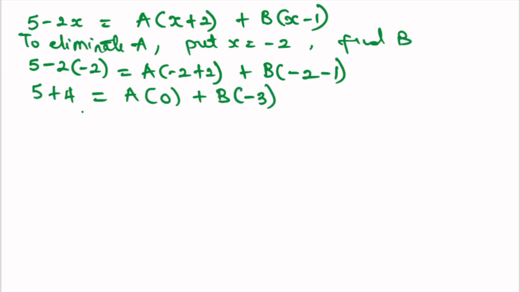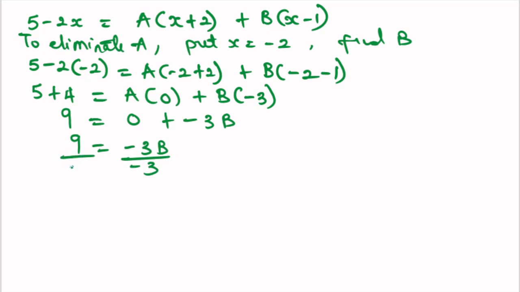Now 5 plus 4 is 9 equal to 0 plus minus 3B. Our 9 is equal to plus times minus is minus 3B. So I'll divide through by minus 3. Our B becomes minus 3.